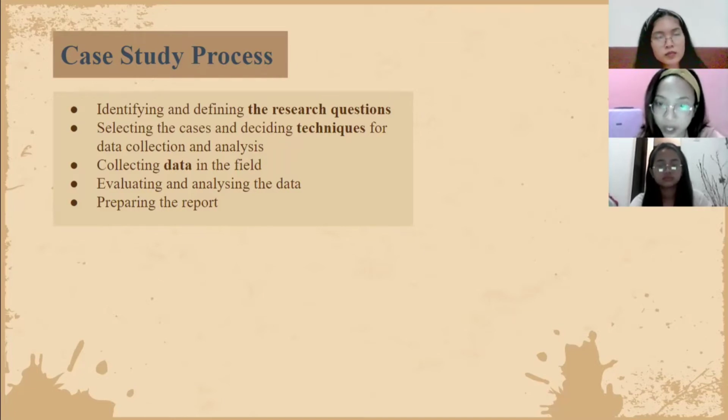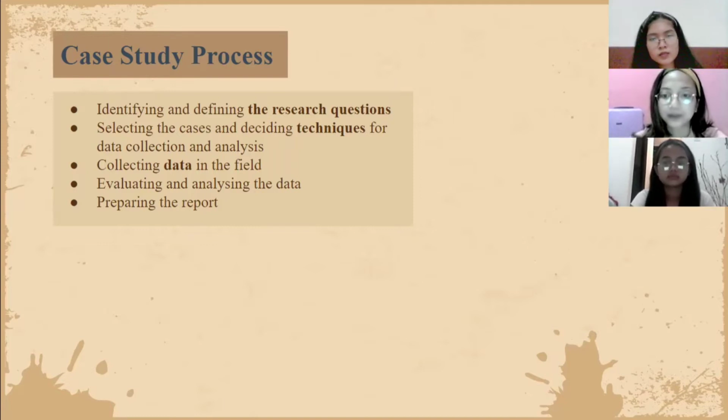And the next one is evaluating and analyzing the data. Repeated reviewing and sorting of the voluminous and detail-enriched data are integral to the process of analysis. And preparing the report. When reporting findings, it is important to provide the reader with enough contextual information to understand the process that was followed and how the conclusions were reached.